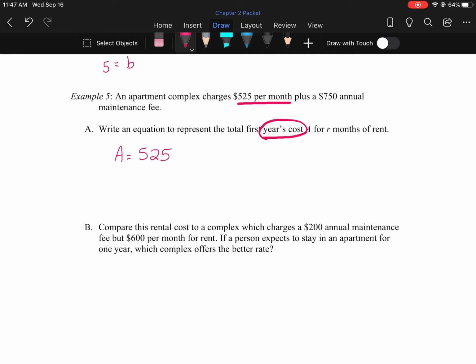I would typically put X, but they said to use R. Plus, if I decide not to rent, we're still going to have to pay that $750. So before we even hit month 1, $750. That's our flat rate that we don't have to pay more than once. If you prefer it in y and x, it should be y equals 525x plus 750. All right, so that's our equation.